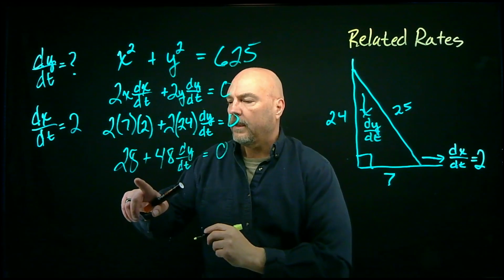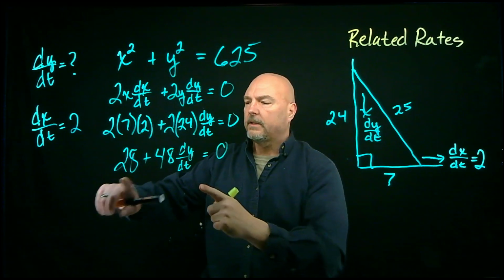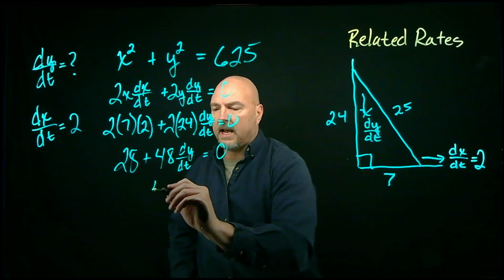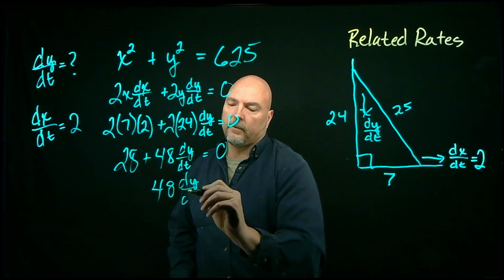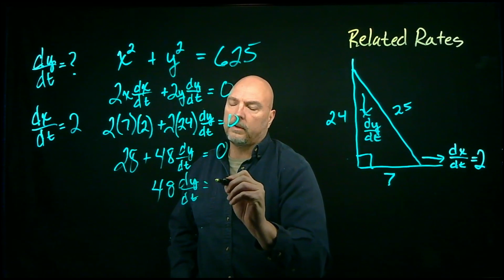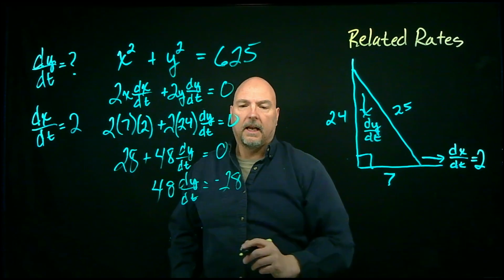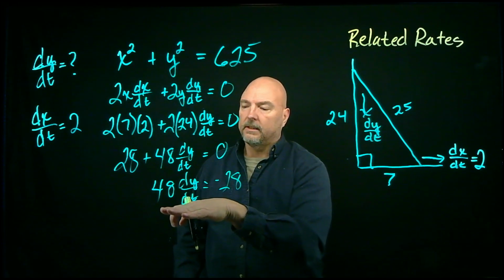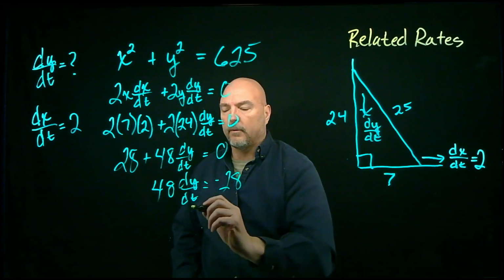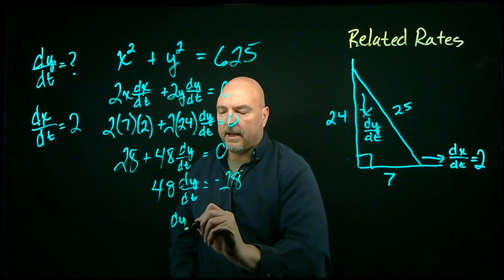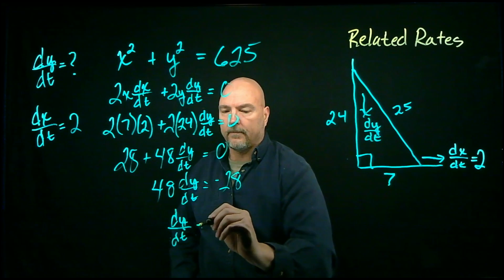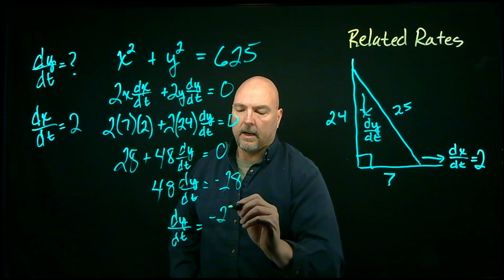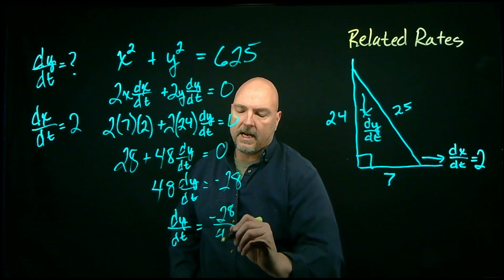So one of the things I want to do is solve this. So I'm going to subtract 28 on each side. And then we have this. 48 dy/dt equals negative 28. And the last step is we're going to divide both sides by 48. So I have dy/dt, my d's are getting shorter, negative 28 divided by 48.